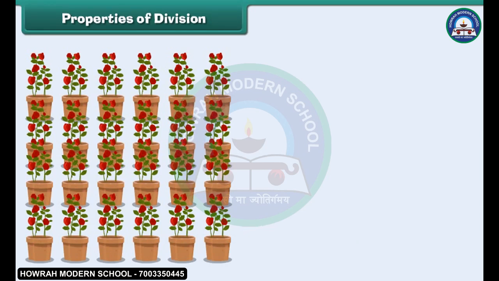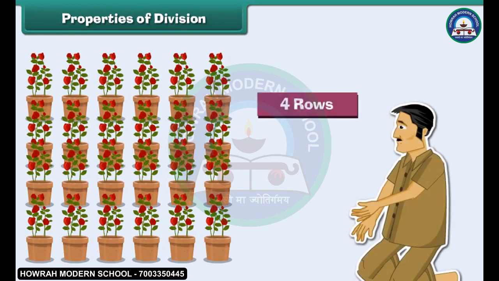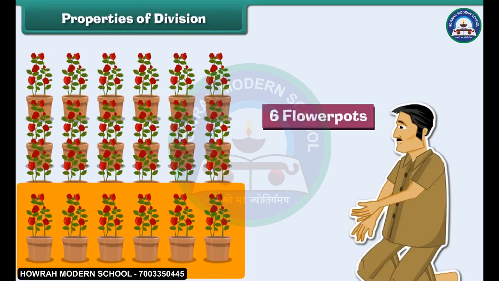In other words, 24 minus 6 minus 6 minus 6 minus 6 is equal to 0. The gardener has divided the 24 flower pots into 4 rows, with each row containing 6 flower pots.